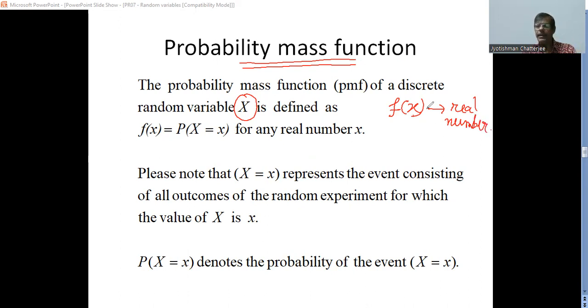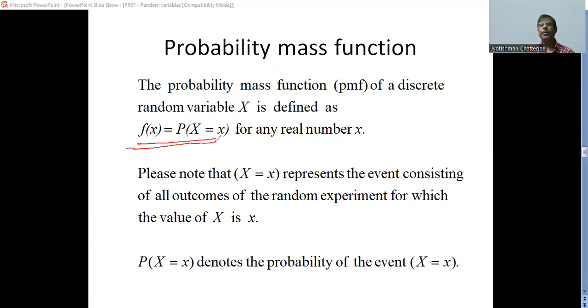Given an argument, it produces a value. Here the argument is also a real number, and what it produces is also a real number. Now, given the argument real number small x, it produces the number probability of the event capital X equal to small x. That's the way it is defined. So this is the definition of the probability mass function. In short, probability mass function is denoted by PMF.